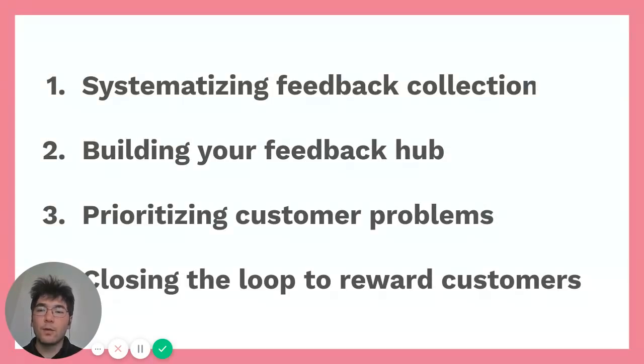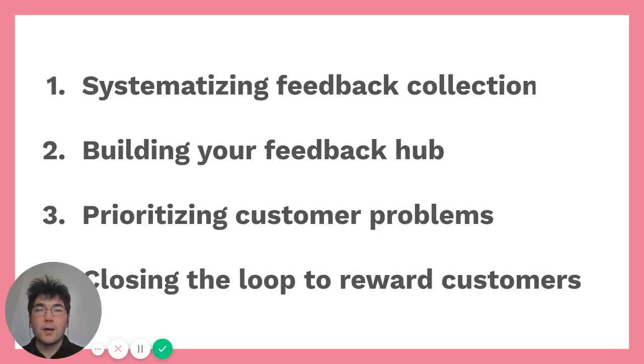We're going to talk about four things together. The first thing to collect feedback is systematizing feedback collection. Make sure you have the right channels and processes in place to collect quality feedback at the right time, that you can then use to build your roadmap. The second thing is, once you have collected this feedback, how you can organize it in what I call a feedback hub.